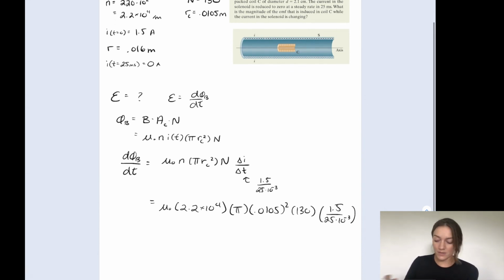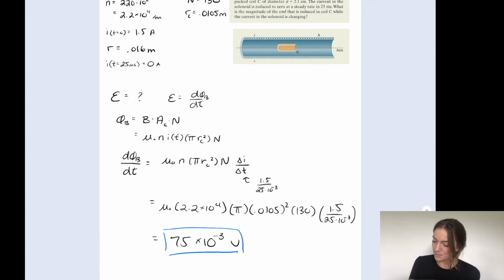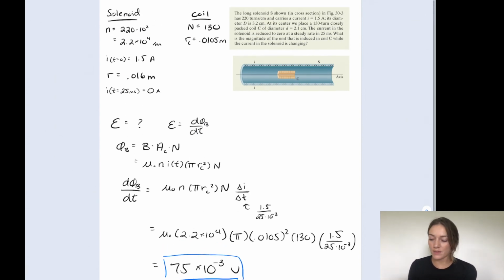And you multiply all of this out, and you get 0.075 or 75 millivolts. So this is my EMF. Okay, so this is just the magnitude of the EMF.